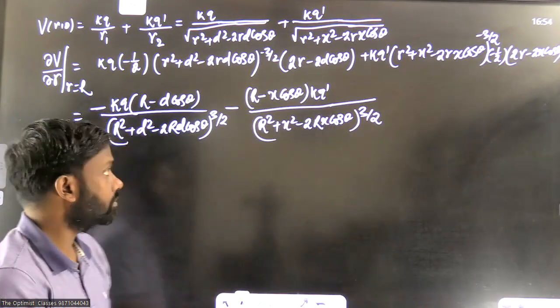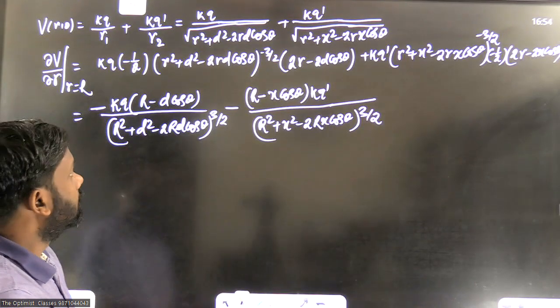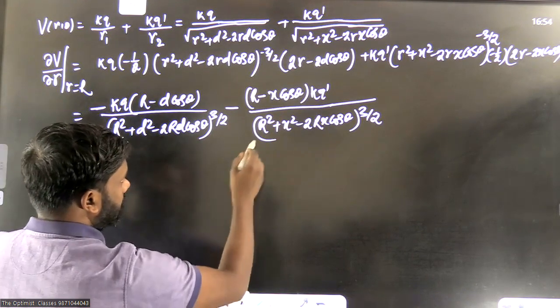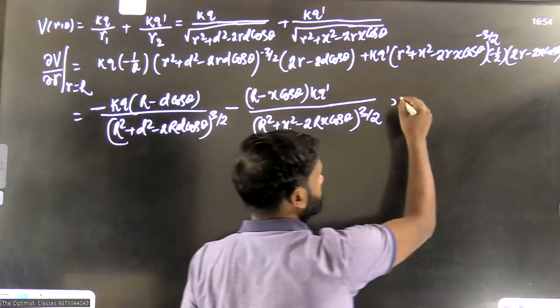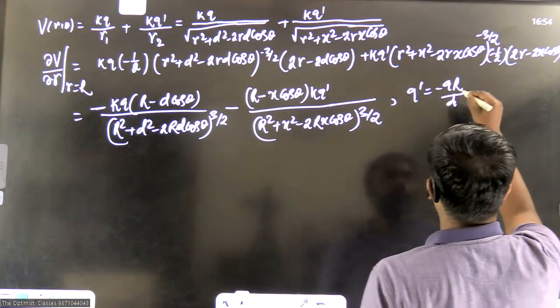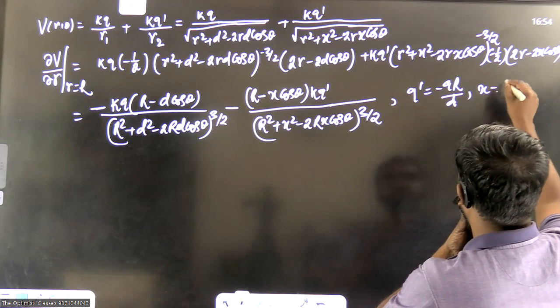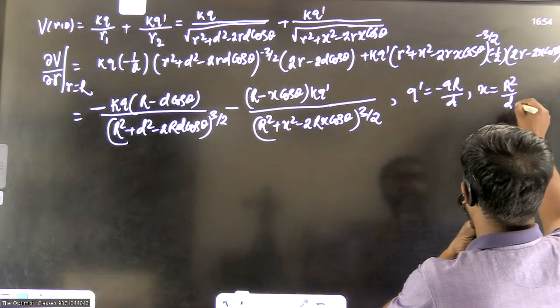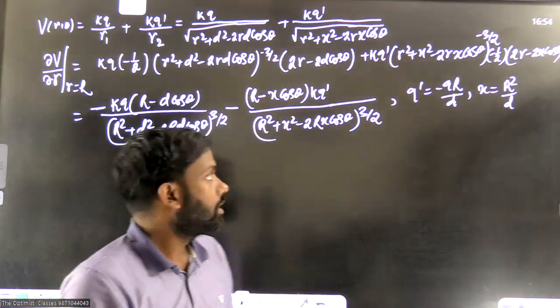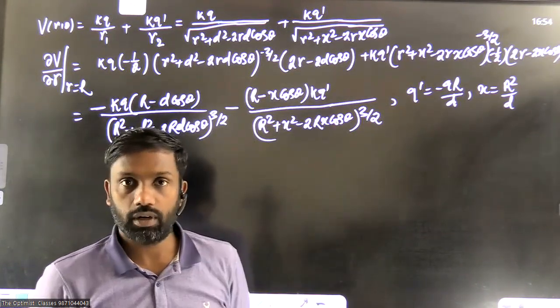Now let's put the values of q prime and x. Here q prime is equal to minus q R by d, and x is equal to R square by d. These are standard results of the image method that we apply for a grounded conducting sphere.